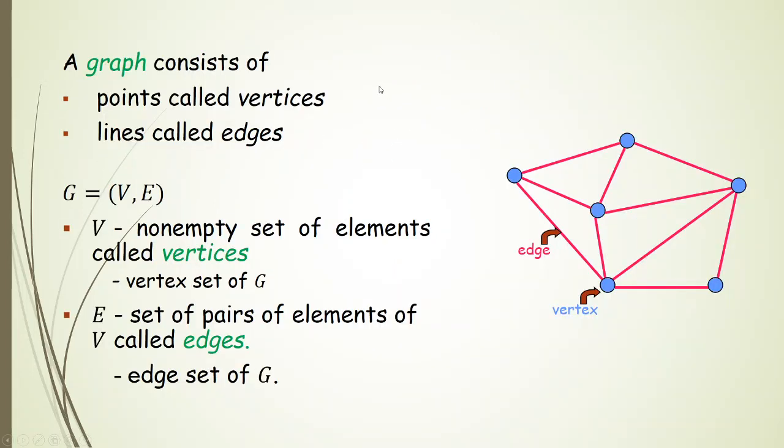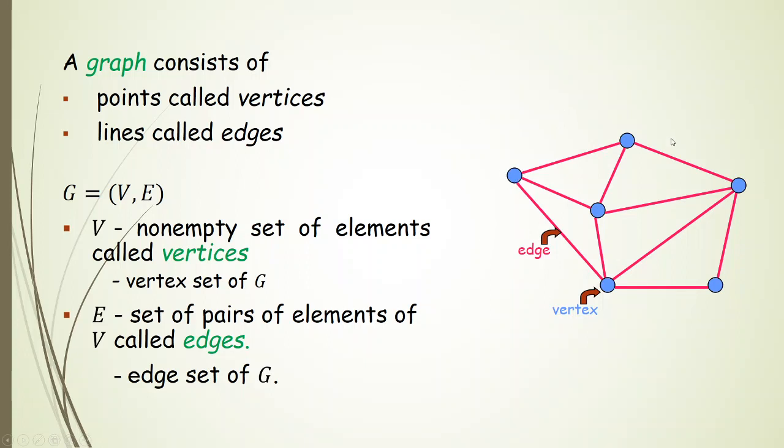So first off, we define what a graph is. Basically, a graph consists of points called vertices and lines called edges. As you can see in this figure on the right, this is an example of a graph with 6 vertices and 10 edges.